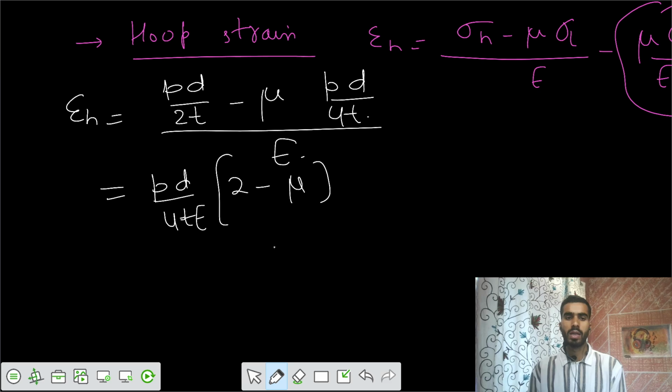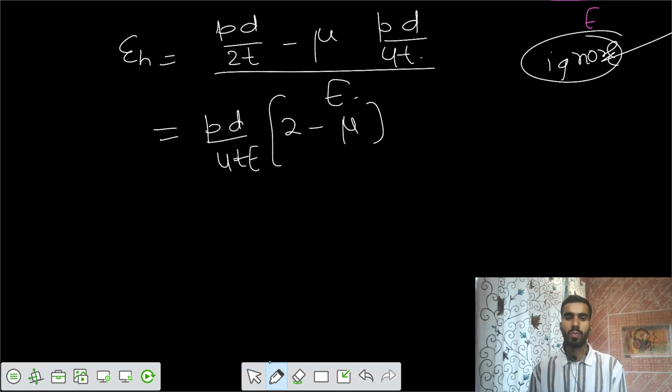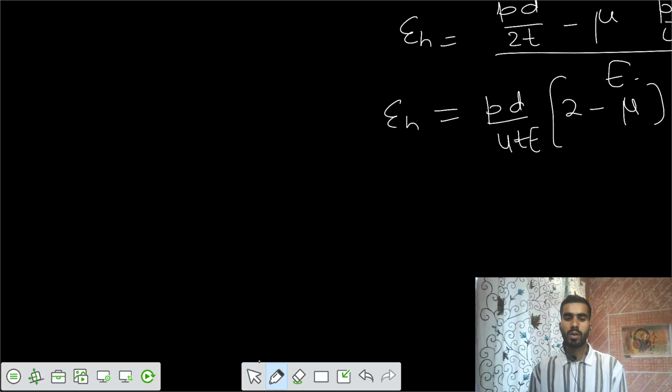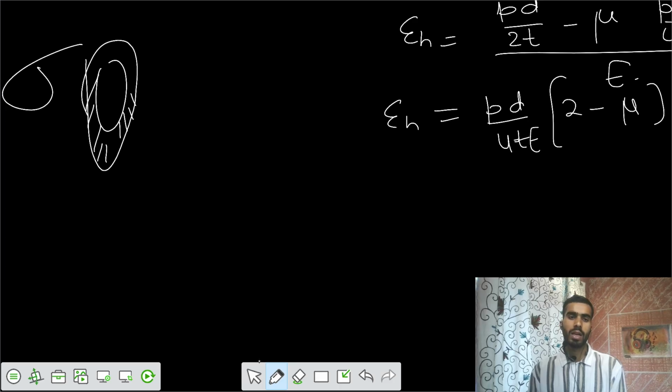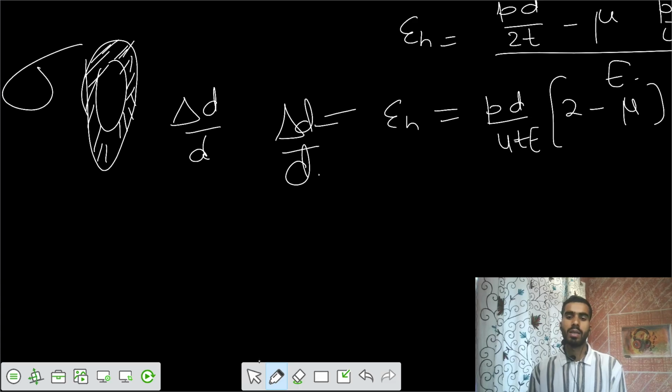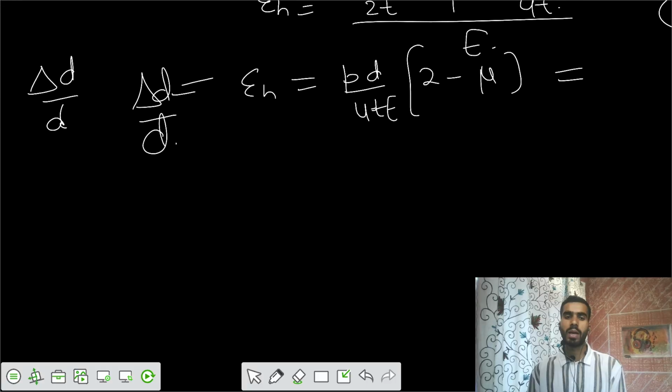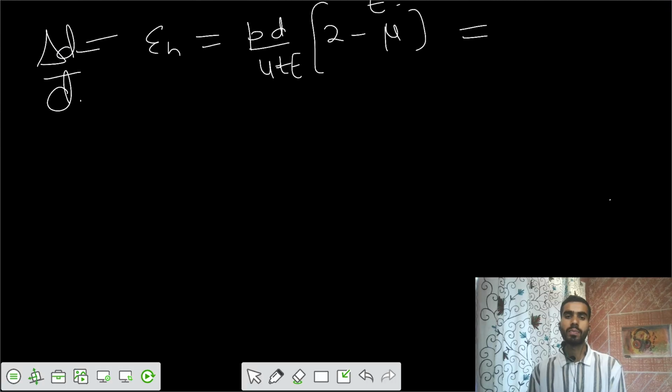If you ignore this part for calculation, the strain in hoop is equal to this, and we know that hoop stress is along the circumferential direction, along the circumference or meridian. So that would cause a change in diameter, so you can write delta d upon d, change in diameter by original diameter, as the hoop strain.